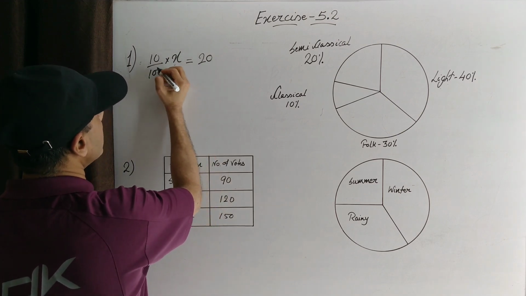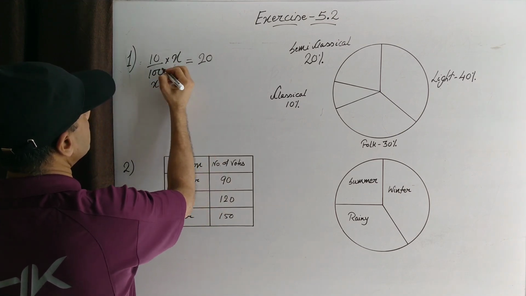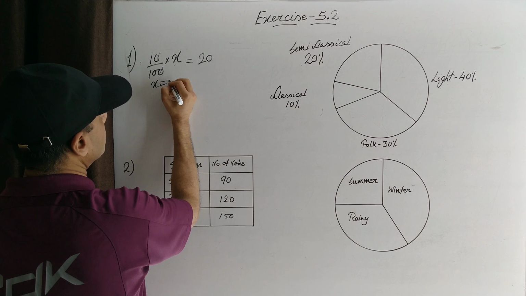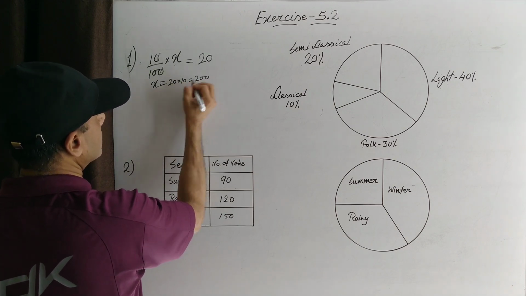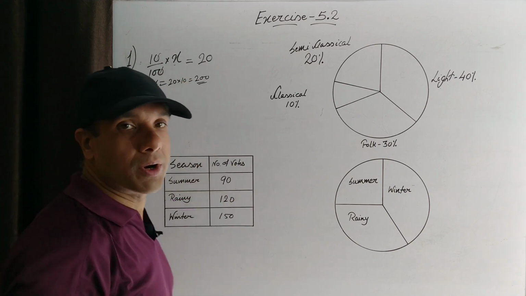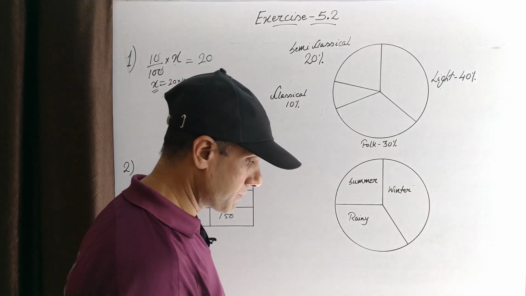So we get X is equal to 20 into 10, that is 200. So 200 young people were surveyed.